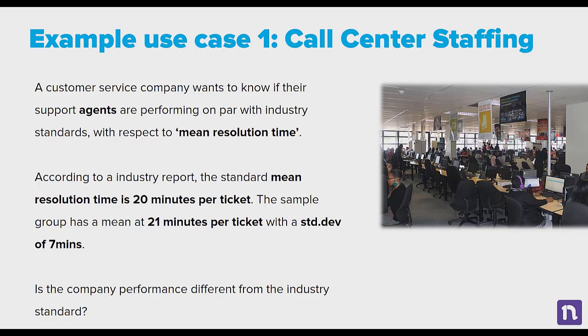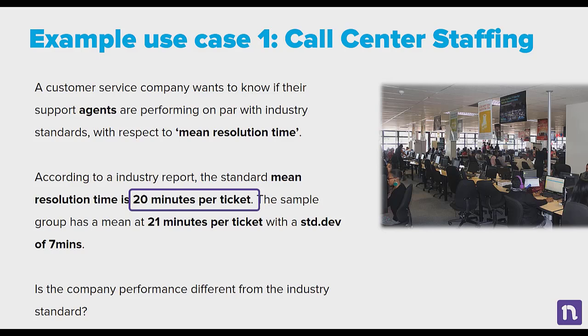Let's see a possible use case. A customer service company wants to know if their support agents are performing on par with the industry standards with respect to the mean resolution time. According to an industry report, the standard mean resolution time is 20 minutes per ticket.